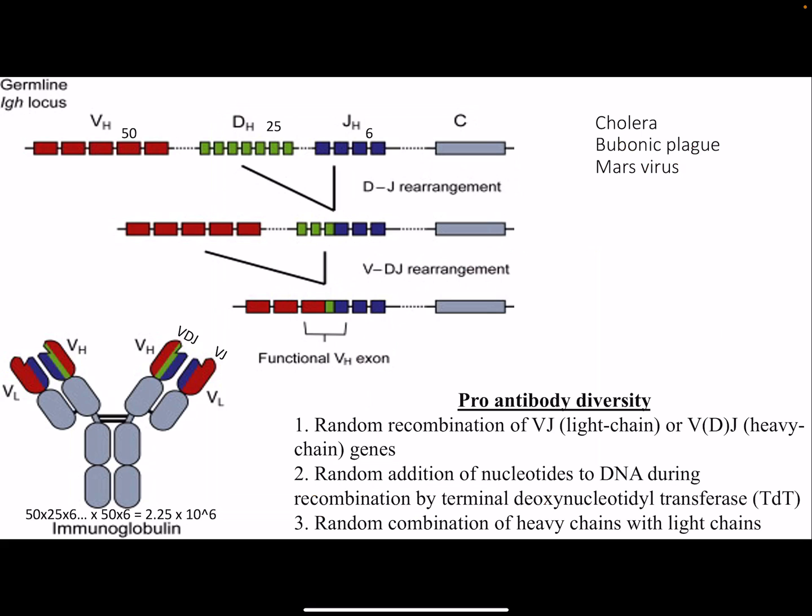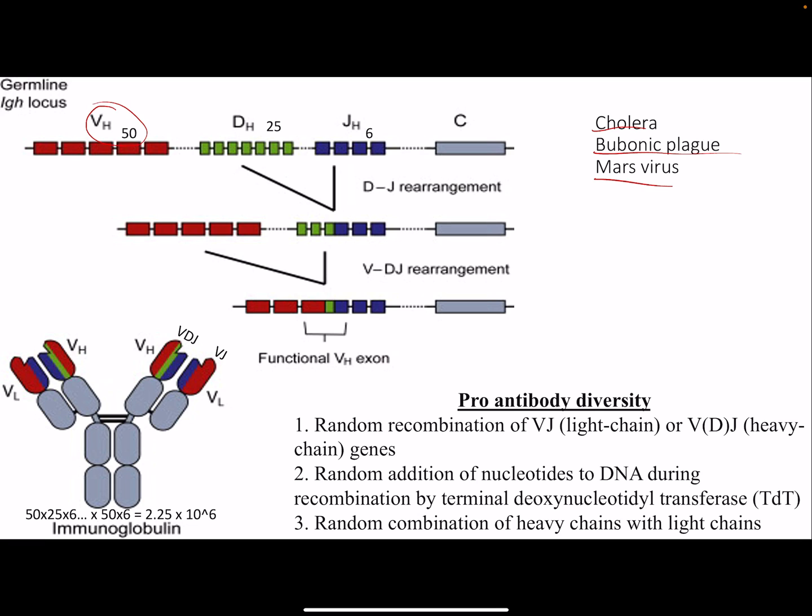All right, how do we get millions of different types of antibodies, right? We have an antibody for cholera. We have an antibody for bubonic plague, one for a Mars virus that we've never seen before. How is it possible to create such diversity for all of these things that we have never encountered, and probably never will encounter? Especially if you consider we only have 25,000 genes and one gene makes one protein. You guys are probably screaming at your computer right now, VDJ recombination.